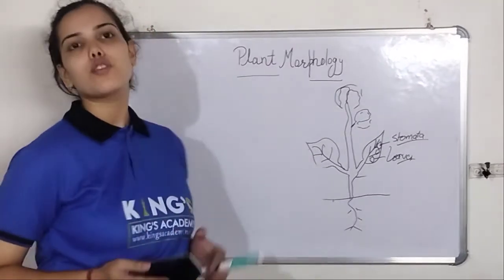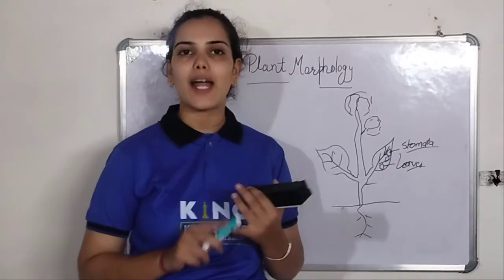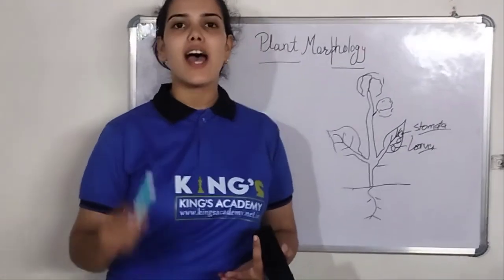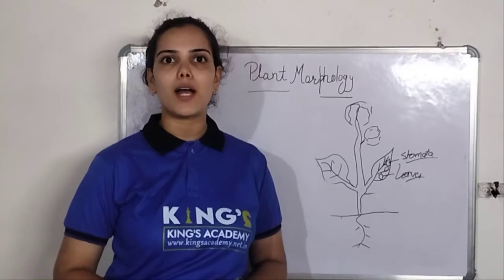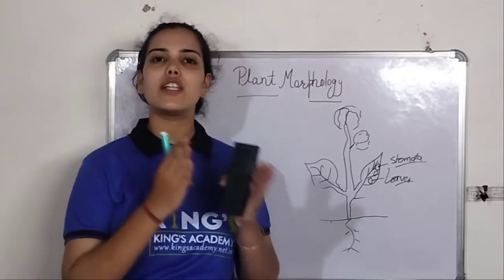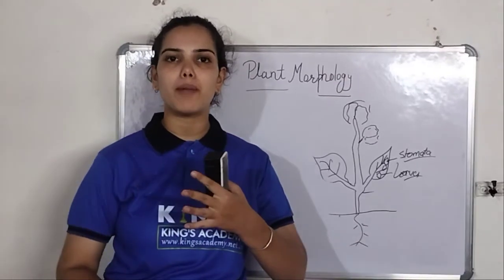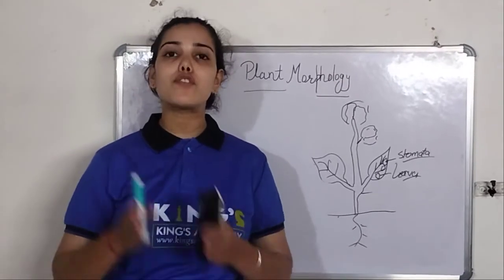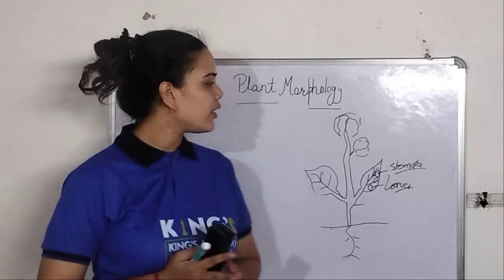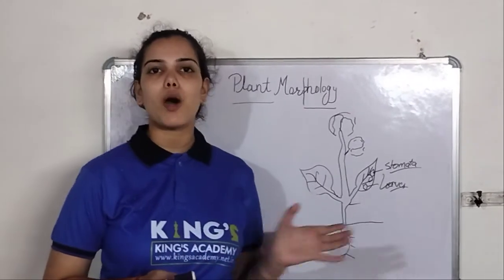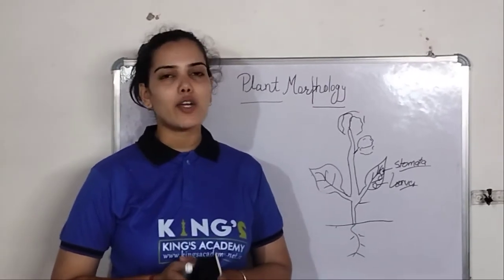There are many parts of the fruit that we eat. We eat endosperm, thalamus, and mesocarp of some plants, and what part we eat differs from plant to plant. So this is what today's topic is about, plant morphology, and I hope this topic is clear to you.